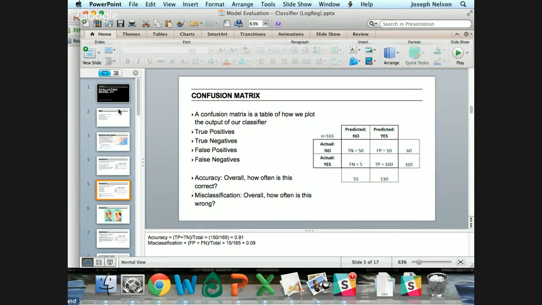Predicted yes, actual no. And then last but not least, false negatives, where we predict that they do not have the disease, but in reality, they do. It is falsely declared null. That's this guy.